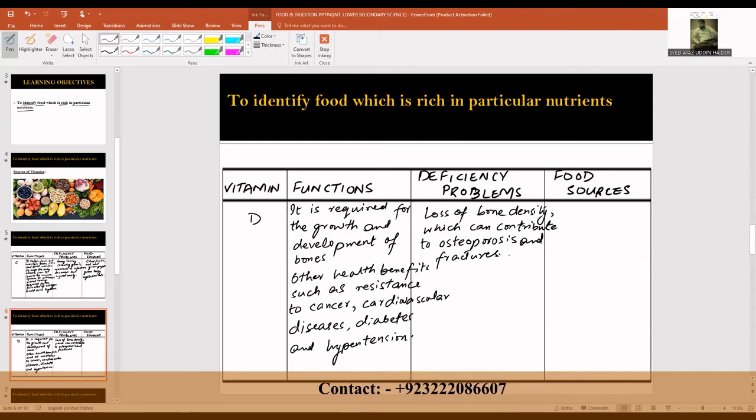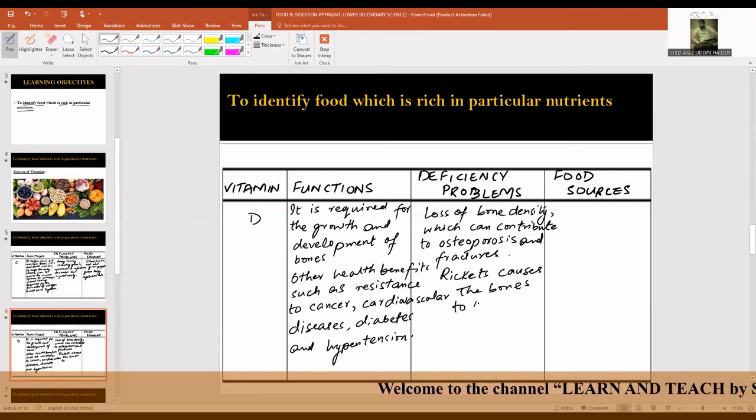In children, it can cause rickets. Rickets causes the bone to become soft and bend.